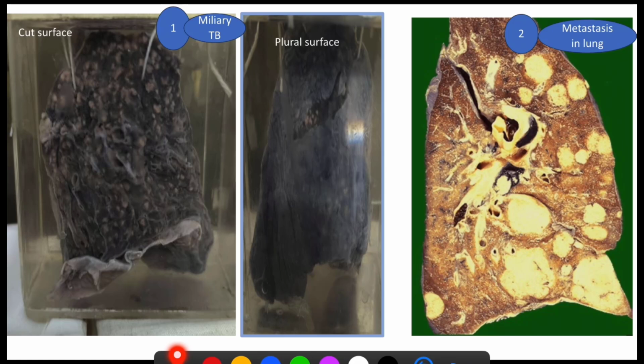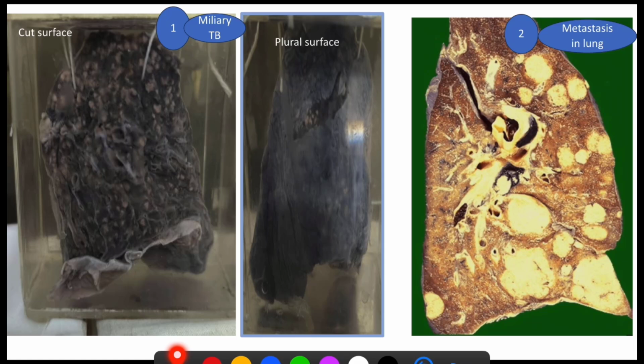Both specimens are of lung. Here it is a specimen of miliary TB. Here is the specimen where the lung has metastasis. What is metastasis? In your neoplasia chapter, malignant tumors spread to another site, giving a metastatic nodule in the lung.